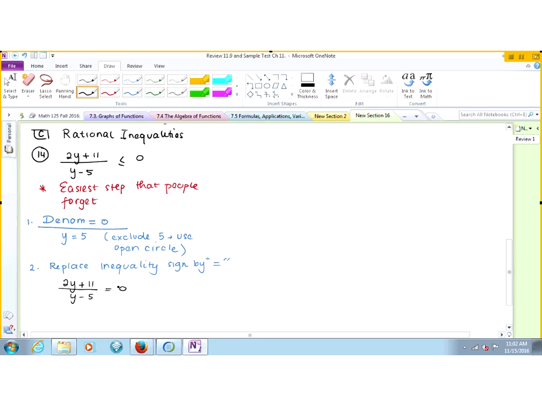You cross multiply, or you multiply both sides by y minus 5. So what do you have? 2y plus 11 equals 0, because 0 times y minus 5 is just 0. Now, can you solve for y?